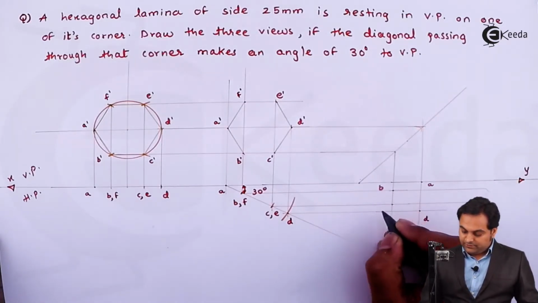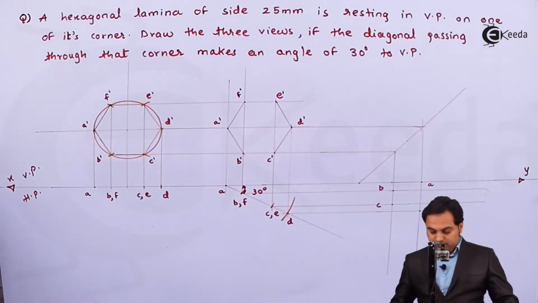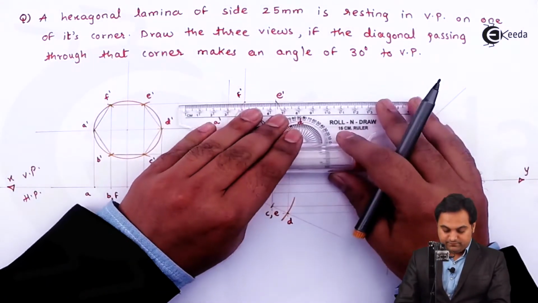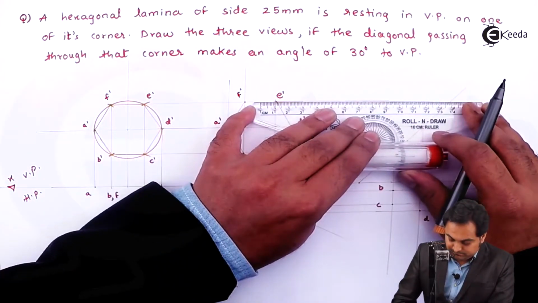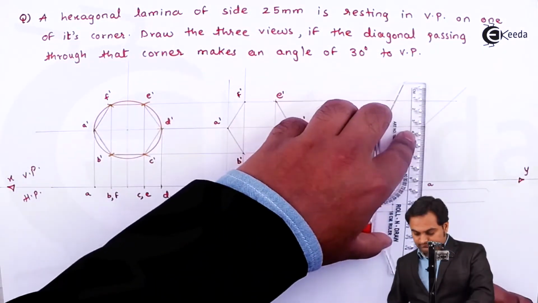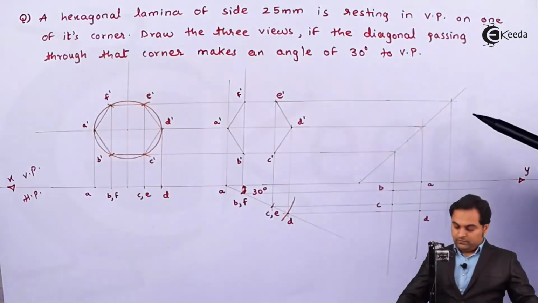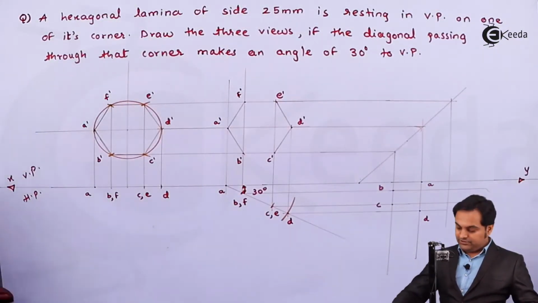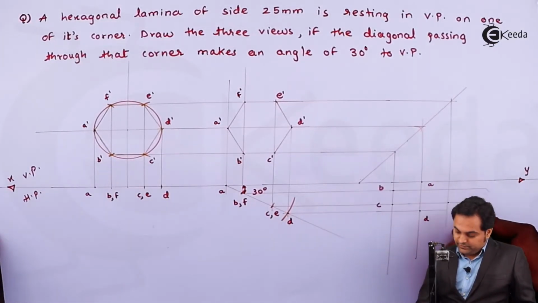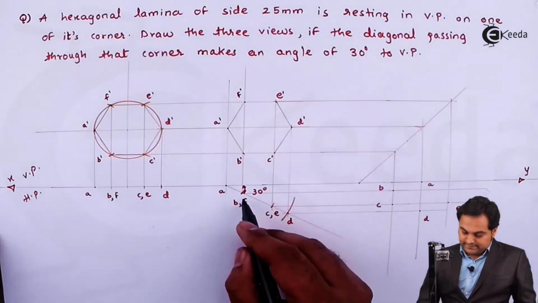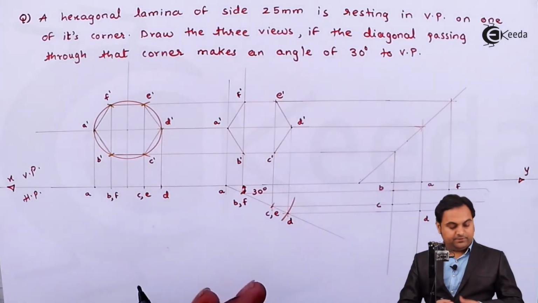So here I'm getting point C. Then for E and F, on the same line, I'll get points E and F. So this is point E. Here is F. Joining all of them in particular order.